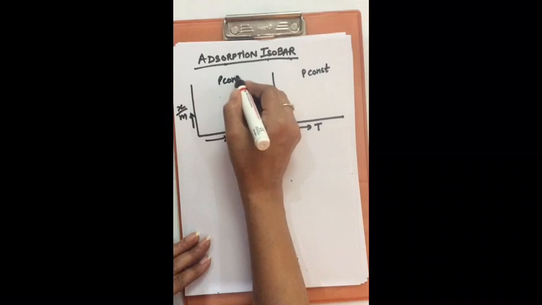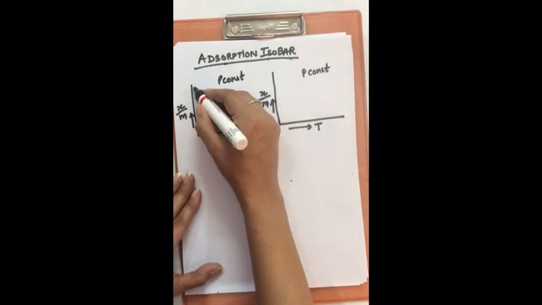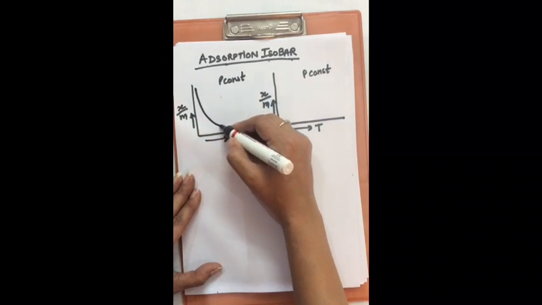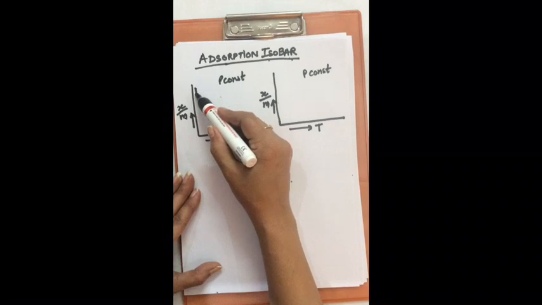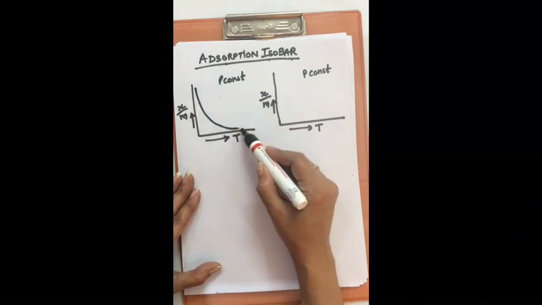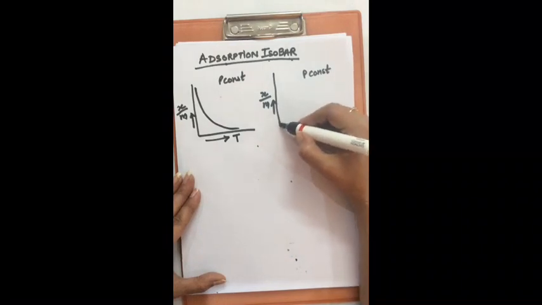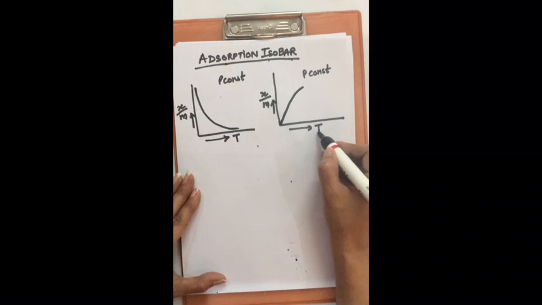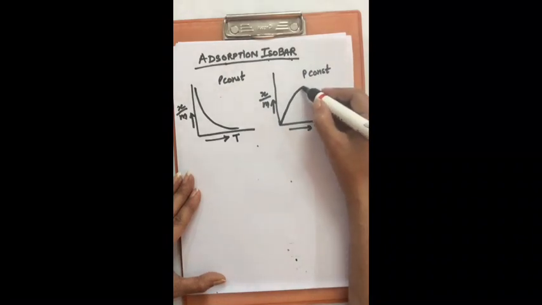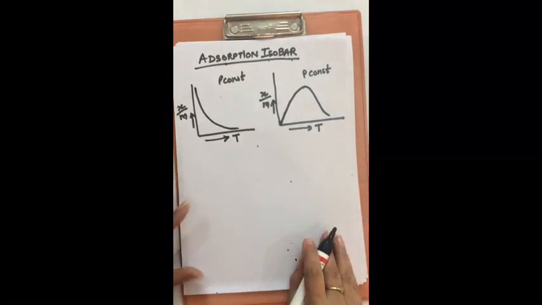In case of physisorption, as expected, we will have a curve like this, that is, adsorption is decreasing with increase in temperature. While in case of chemisorption, first the extent of adsorption increases with increase in temperature, and then the extent of adsorption decreases with further increase in temperature.